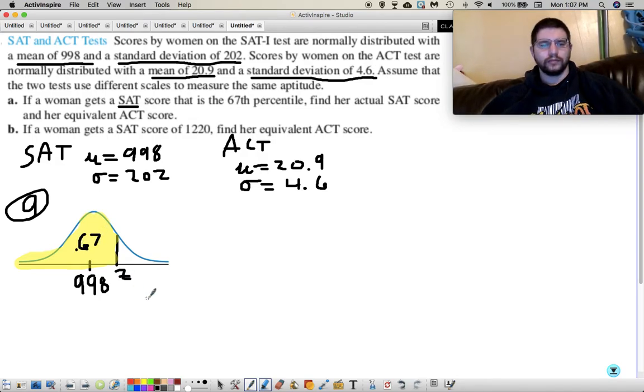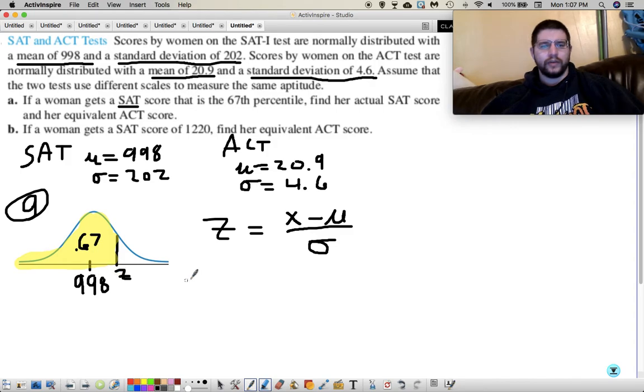So let's go standardize this score. Let's look at our formula again. Z is equal to X minus mu over sigma. Okay. So we're looking for the Z-score.